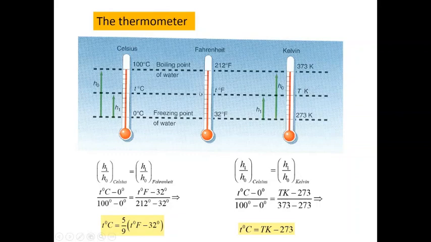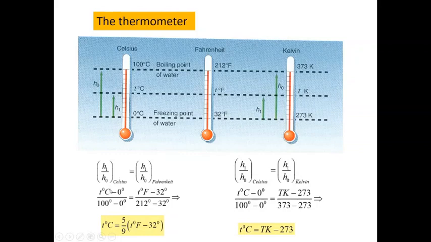So same thing we can do for Fahrenheit. We have to satisfy this relation: H1 divided by H0 in Celsius should be equal to H1 divided by H0 in Fahrenheit.